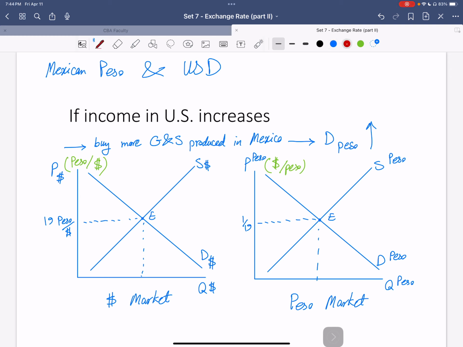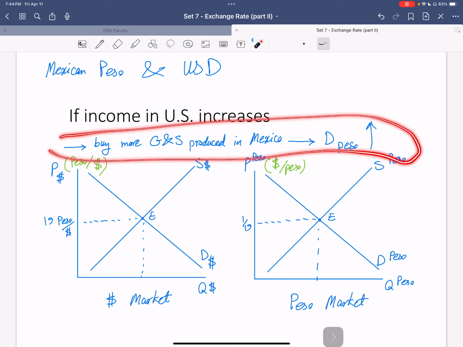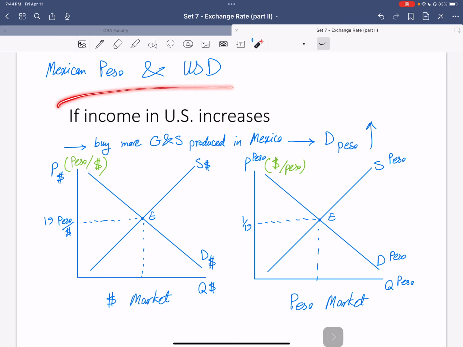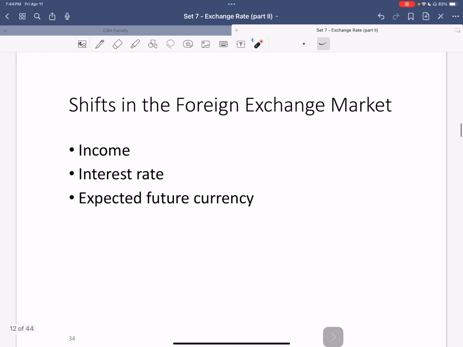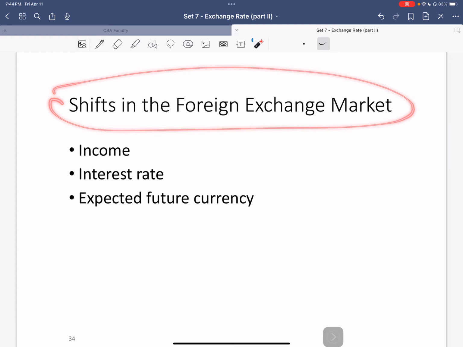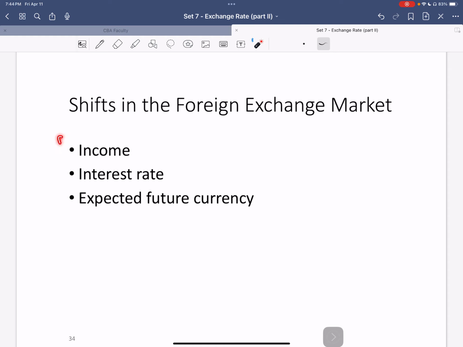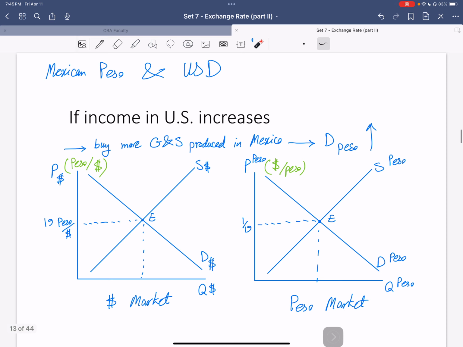Okay, now let's just have this story, this change of income in the market, and let's see what's happening in the market. So I'm trying to show you the shifts in the exchange market. There are different factors that I'm going to go over some examples of. The first example is the change in income, and the example I started with is the increase in the income of US citizens.